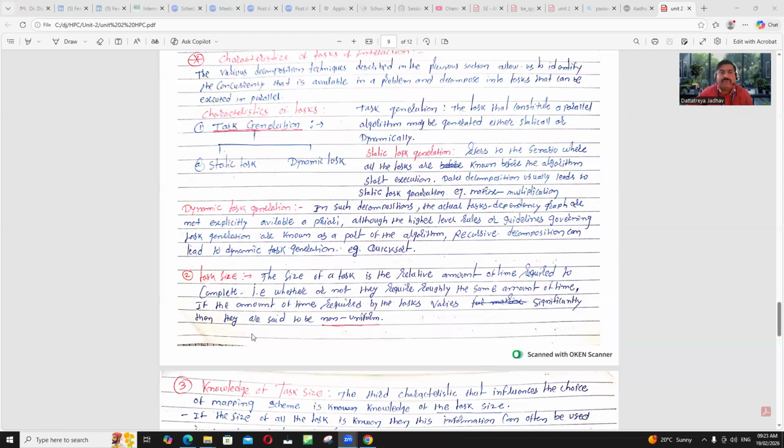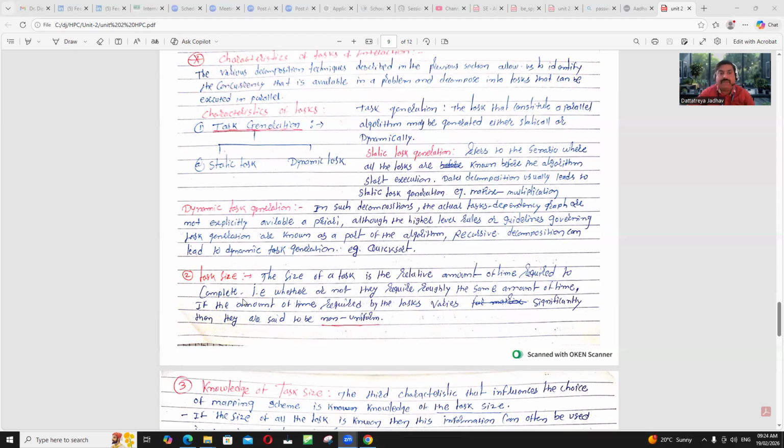The size of a task is the relative amount of time required to complete it. Whatever time is required to complete one task is considered the size of that task, and whether or not tasks require roughly the same amount of time.